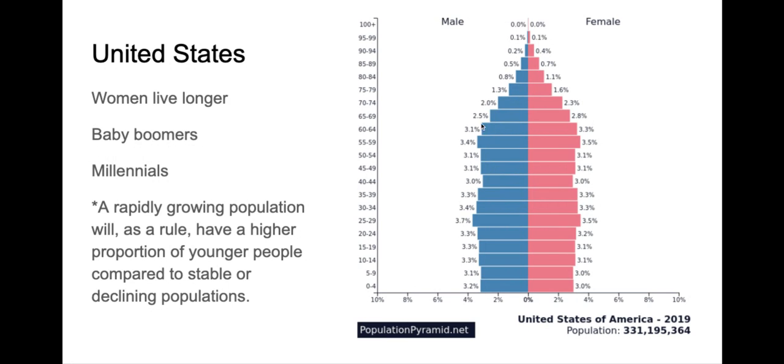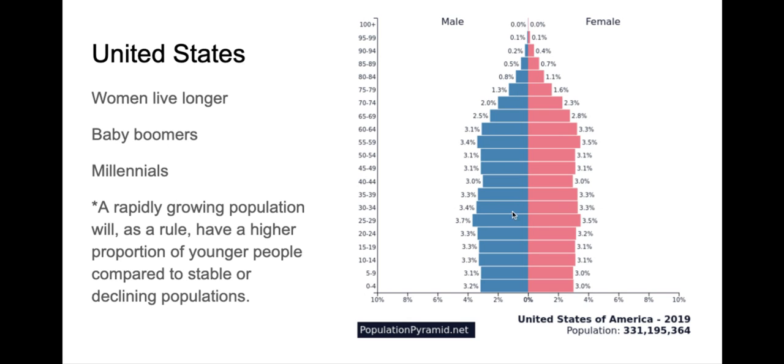We also have these booms over here, or boomers. These baby boomers happened, for example, because after the World War people were having more babies. So they would be people that are in their 60s already. These bubbles on the age diagram represent these baby boomers. And the millennials, like me, are over here, right?